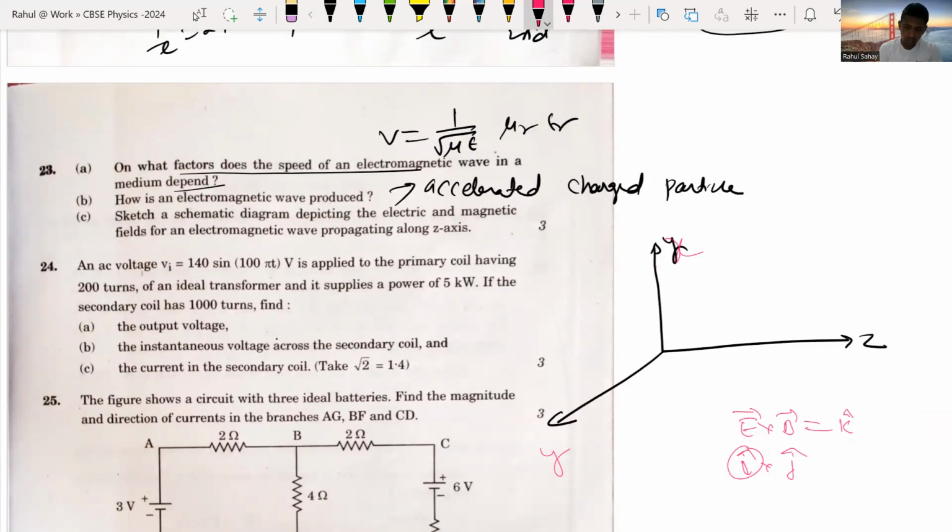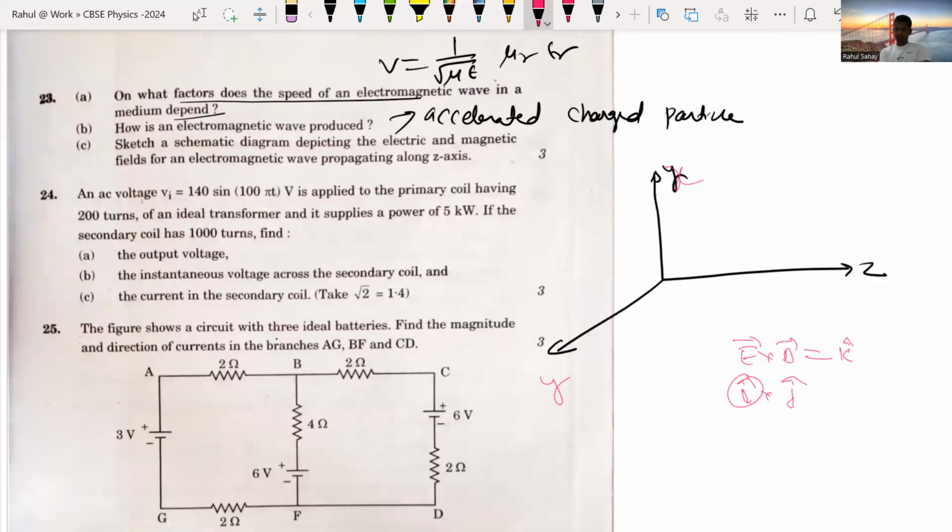Draw the diagram. Next, this is the electric field, you can draw, and this is the magnetic field, and this is the propagation of the wave. I've changed the axis with y. This is E naught.